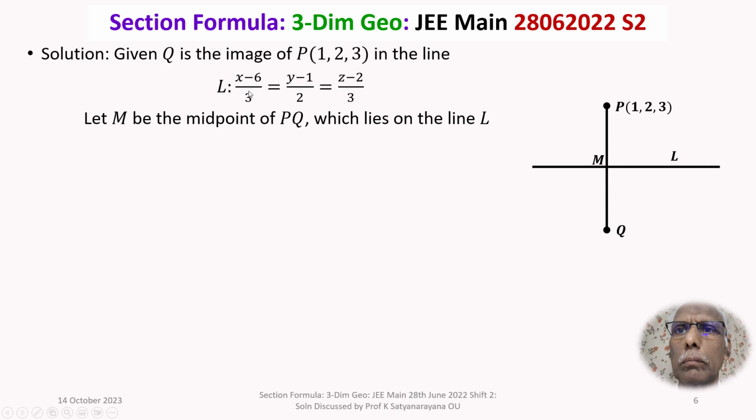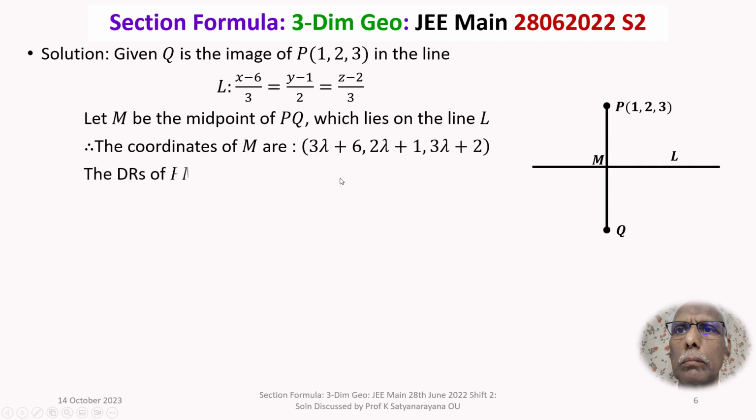Then (x minus 6)/3 equals lambda gives x equals 3 lambda plus 6. Similarly, we get 2 lambda plus 1 and 3 lambda plus 2. The coordinates of M are 3 lambda plus 6, 2 lambda plus 1, 3 lambda plus 2 for some lambda.